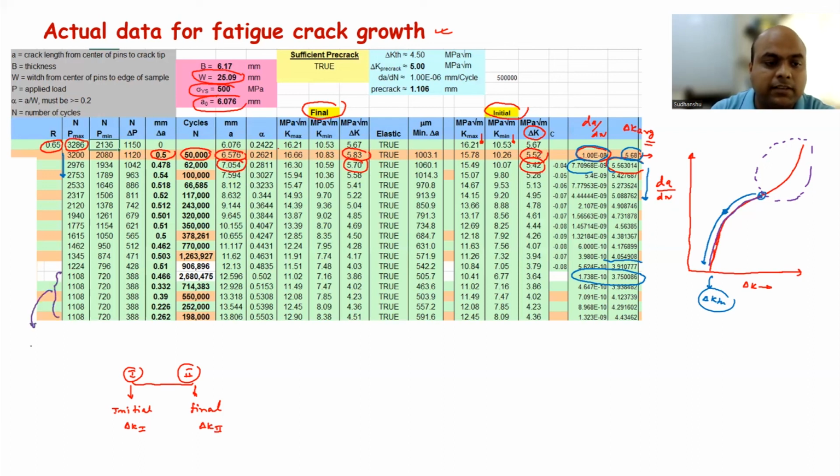So this is constant load, and from here to here you have decreasing delta K. Now the load is constant, a is continuously increasing, so delta K is going to continuously increase. So it is going to follow the same path, something like this. See the green color, right? And then you can obtain the rest of the part here also, and your sample is going to fail.